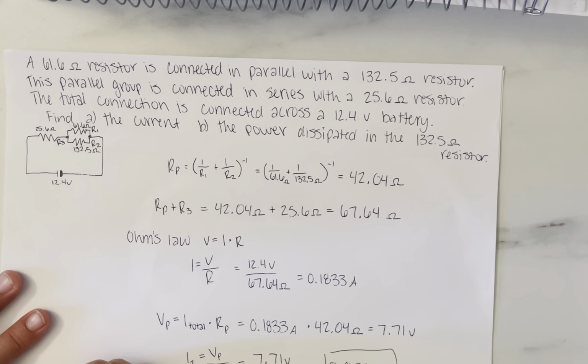And we're going to use the power formula, which says that P is equal to the current squared times the resistance.